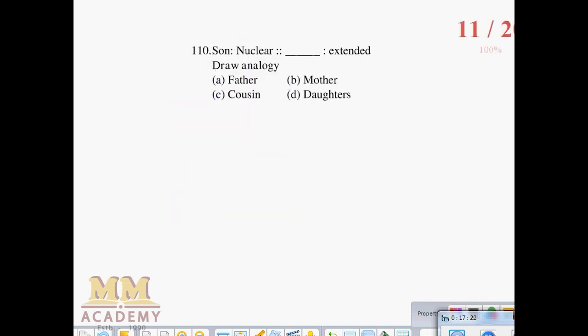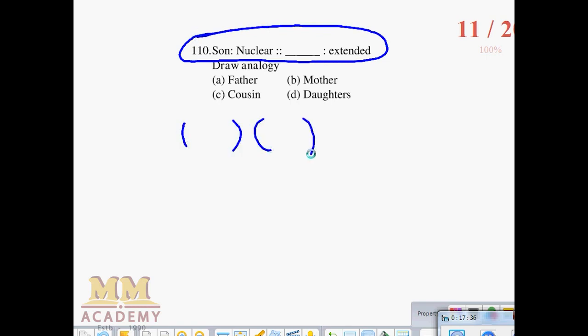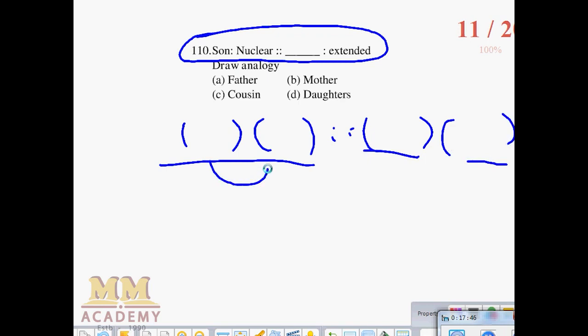Okay. Now coming towards the synonyms and antonyms and the vocabulary part, you have got word-enology, right? By word-enology, what you actually mean is that you will have two words on left side and two words on right side. What you need to do is, first of all, you have to identify the relation between the first pair, right?